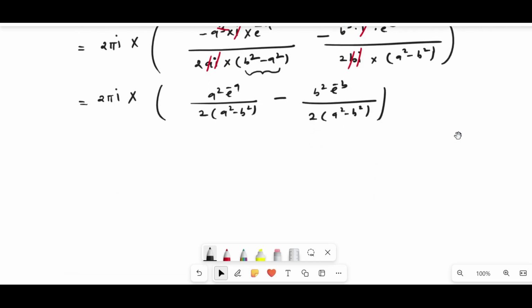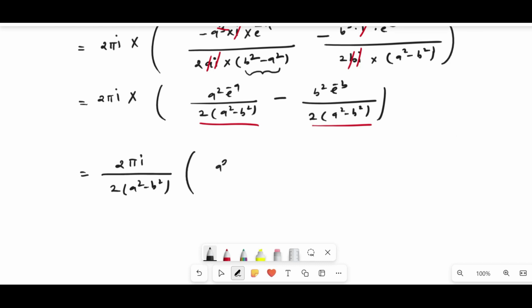So now take this factor common. It will give 2 pi i over 2 times (a squared minus b squared), that is a squared e to the power of negative a minus b squared e to the power of negative b. 2 and 2 get cancelled out.